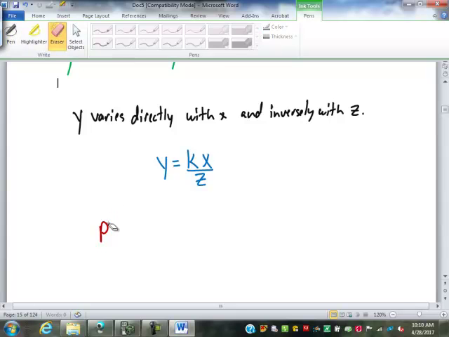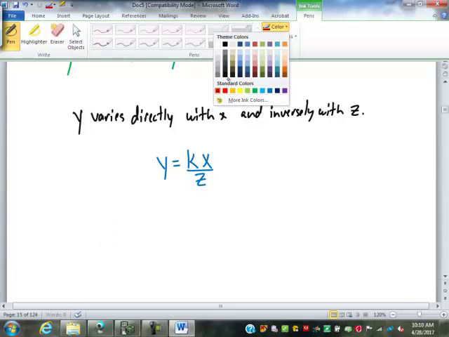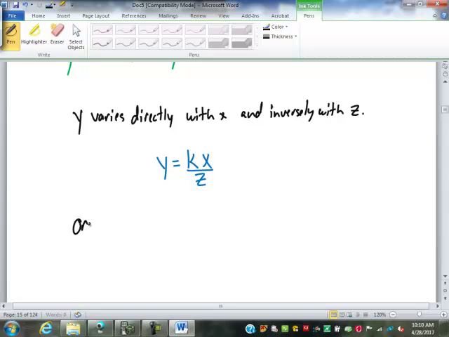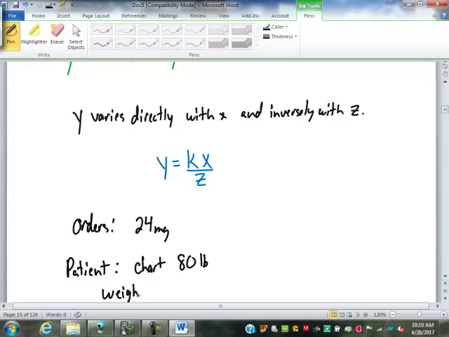Where it's most often used, by the way, is let's say a doctor orders 24 milligrams, and you look on the chart and the patient's weight on the chart is 80 pounds, and you weigh them, and you realize that they actually weigh 90 pounds.